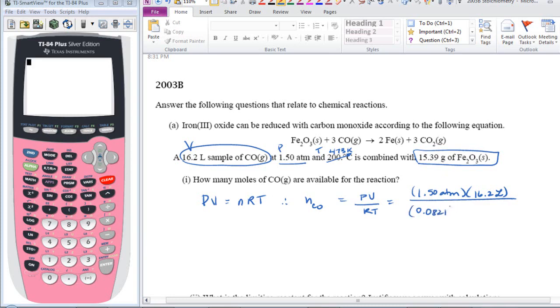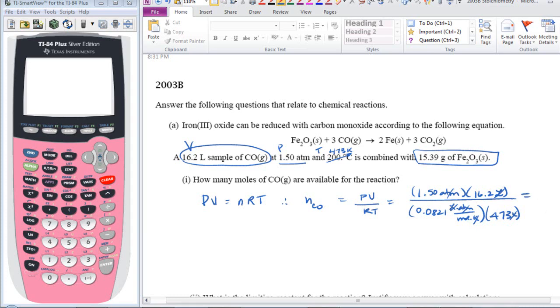0.0821 is what I use. Liter atmosphere per mole Kelvin. It's okay if you use 0.082106. You're going to come out really, really close to the same ballpark as me. And that was Kelvin. And so atmospheres cancel. Liters cancel. Kelvins cancel. 1 over 1 over mole is mole. And since mole is what I seek, I'm feeling pretty good about that.